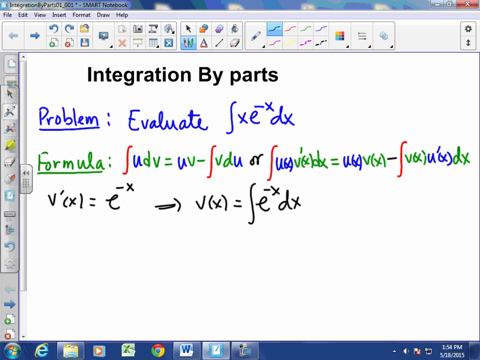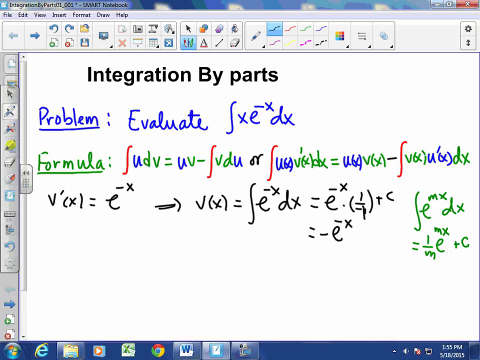We know that the integral of e to the mx dx is 1 over m e to the mx plus a constant. So in this case, this is e to the negative x times 1 over negative 1 plus a constant. In other words, negative e to the negative x plus a constant.